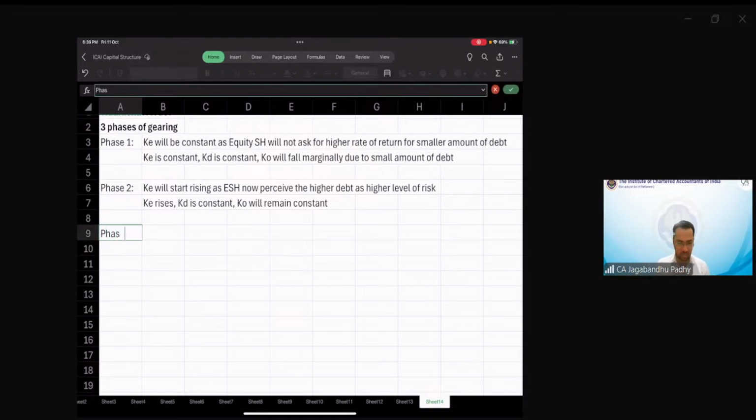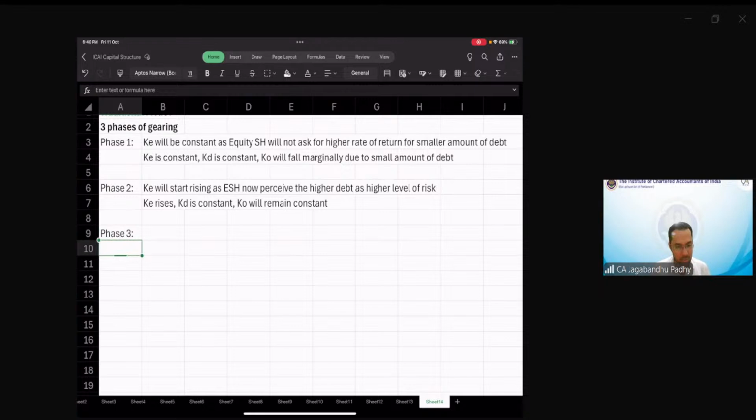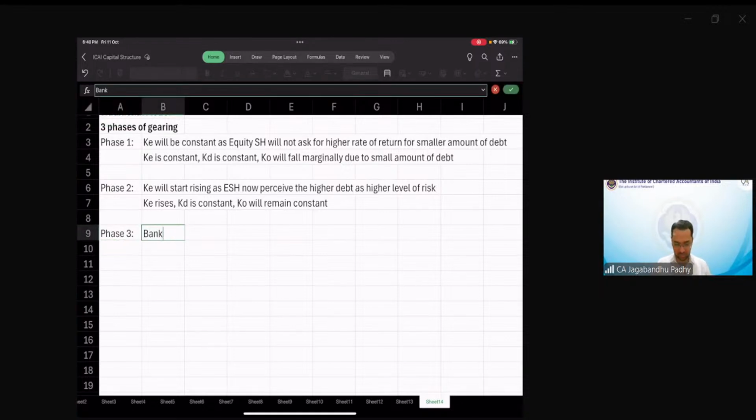Then comes the third phase. Now in the third phase, bankers also start asking for a higher rate of interest, as the risk for them also rises.